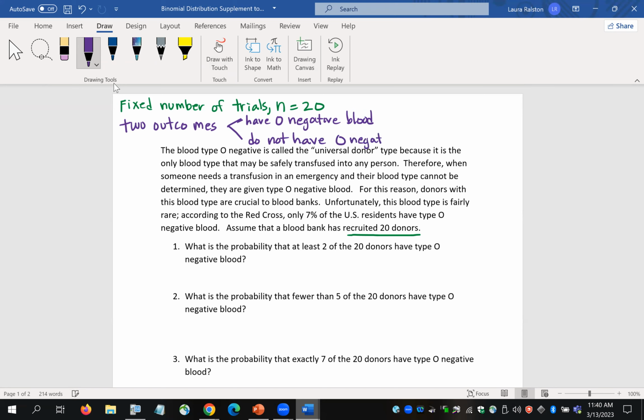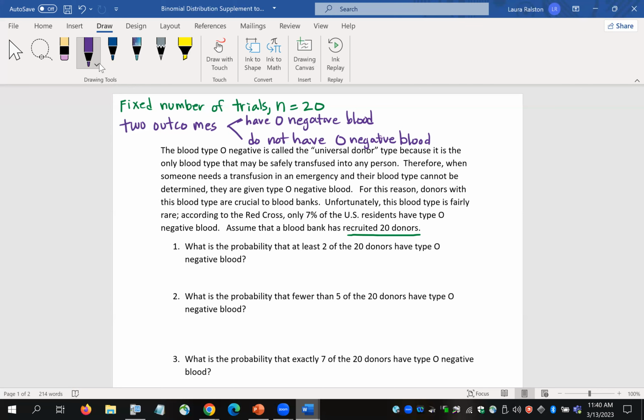Now I know there are other blood types besides O, so there are more options, but we can reduce this problem to those two outcomes. They either have it or they don't.